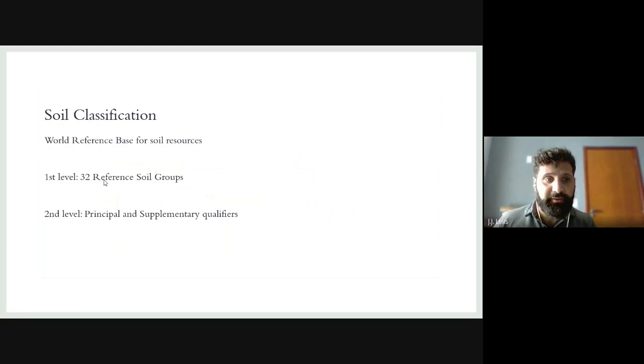That's quite important. We always do the soil classification in the field. Several soil analyses in the lab help us to verify if we classified in a good way, if the classification is right, but we should always do the soil classification in the field.